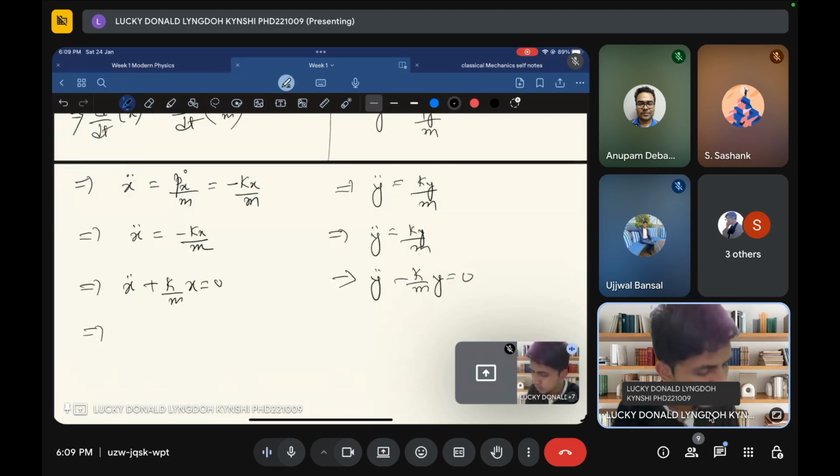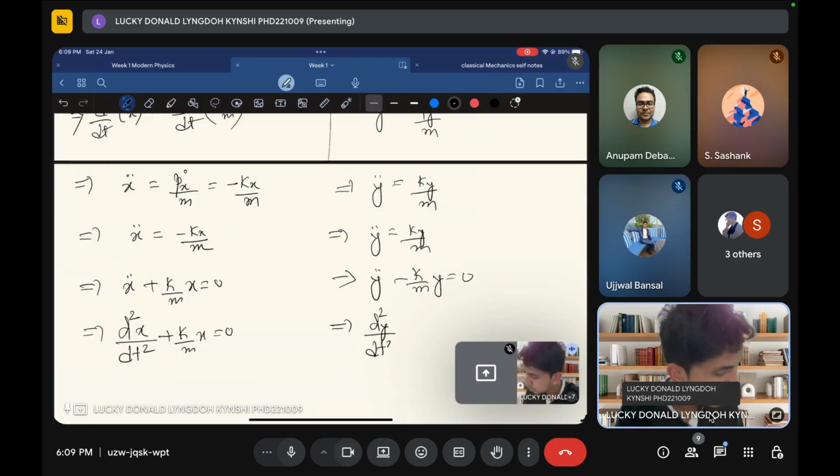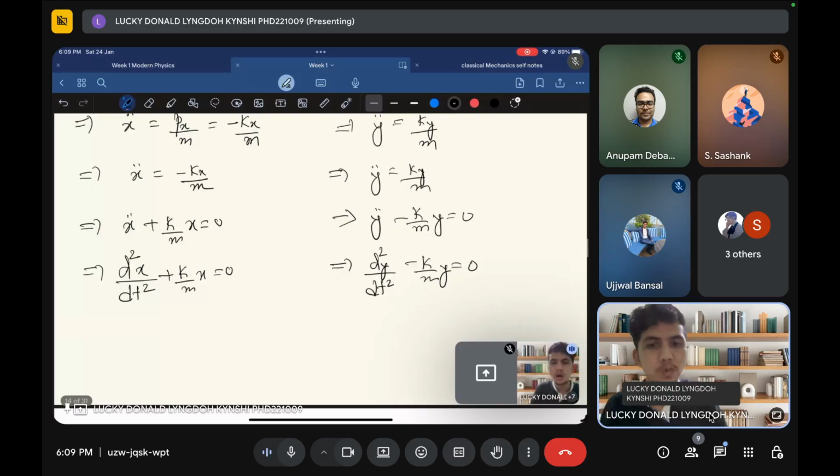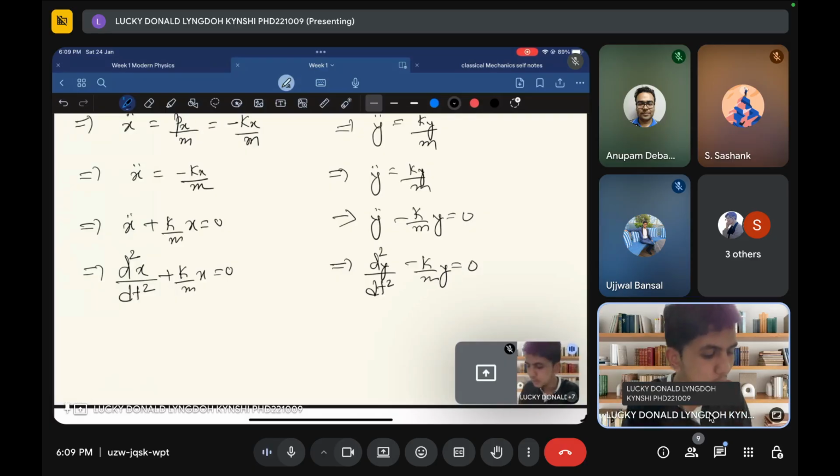Here x double dot means d square x by dt square plus k by m x equal to 0, and y double dot means d square y by dt square minus k by m y equal to 0. I think you have seen these two equations very often, even in higher standards.